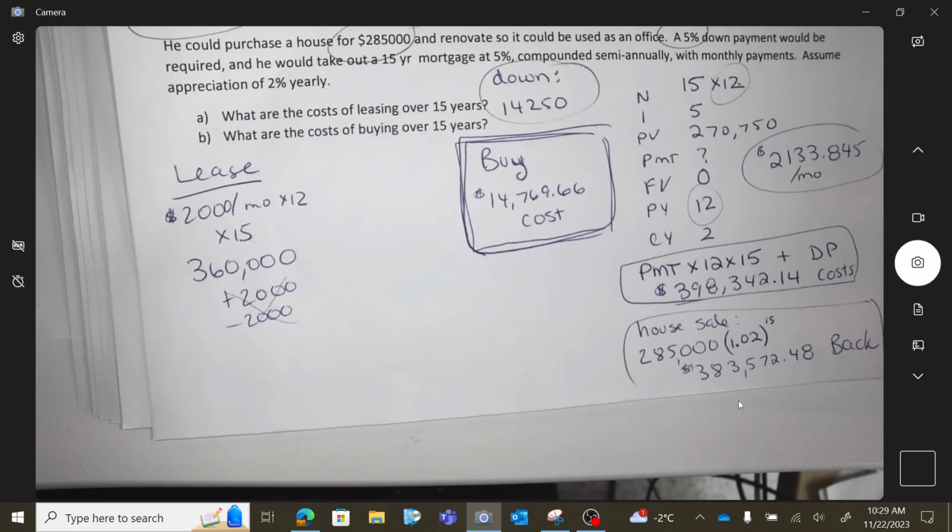You could say, well, it could cost you $2,000 extra because you put that on there, but you also get that back in the end, assuming obviously that you did everything nicely, right? And while living there.